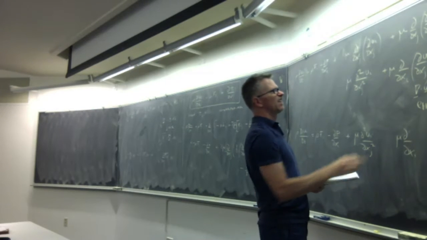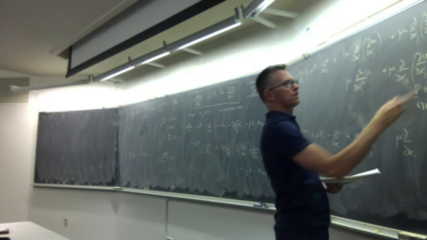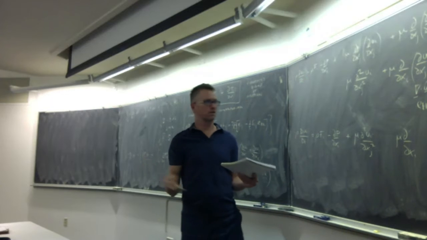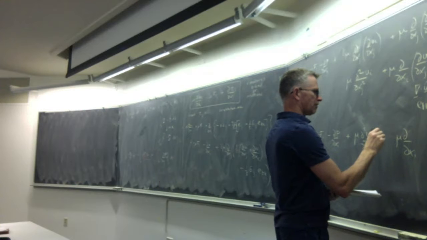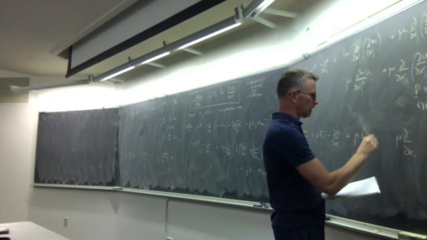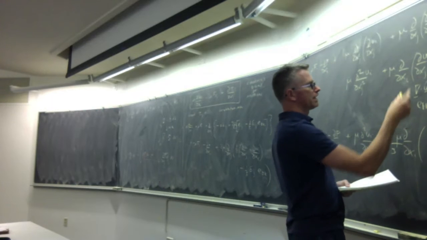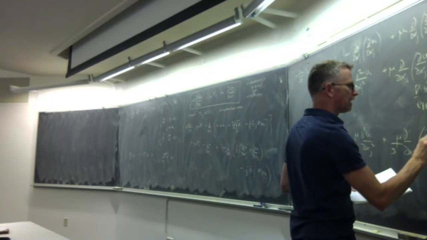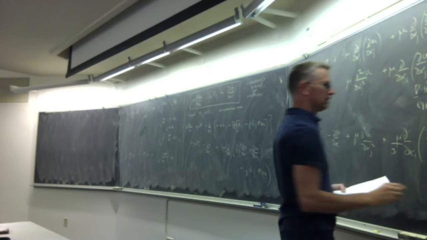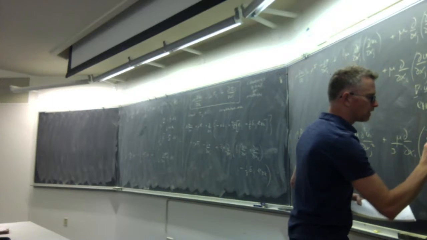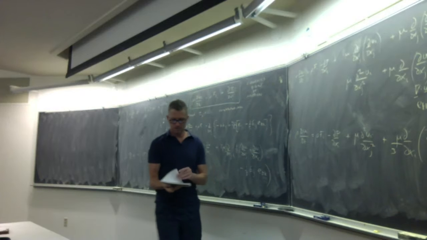And I have 1 div u, and I have minus 2/3 div u. So that just leaves me 1/3 div u, right? So you can say this is plus 1/3 of, well, whatever you want to put in here, div u or, let's write it as, duj by dxj. I mean, you can make these letters whatever you want, k's and j's, right? Doesn't matter because they're repeated. That's divergence of u.